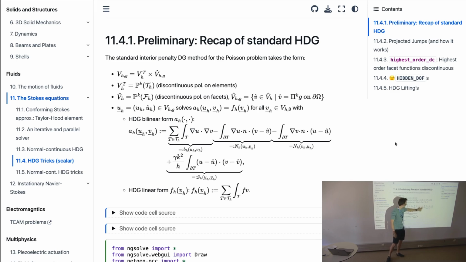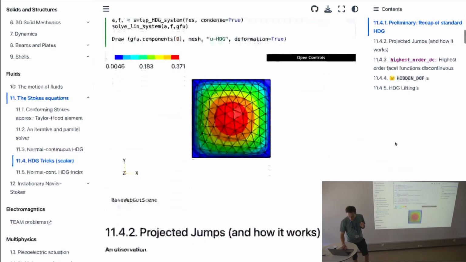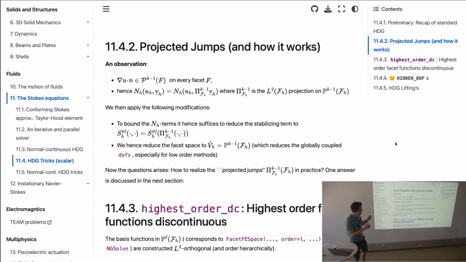That means the pairing between this jump and this gradient is something you can project down to P^(k-1). And that means the facet unknown, effectively, you can reduce to something up to degree k minus 1, and thereby reduce the number of unknowns in your global linear systems a bit.